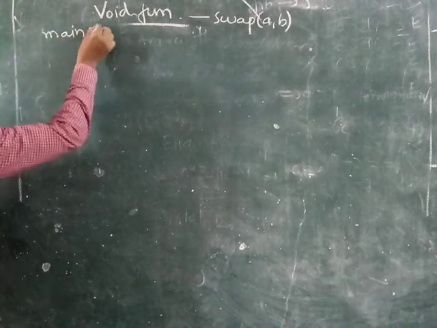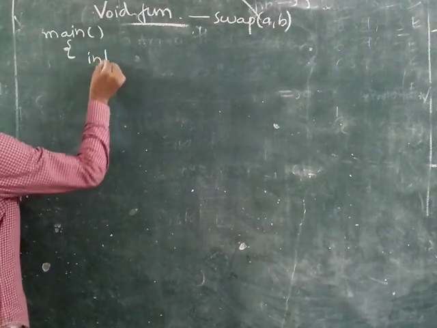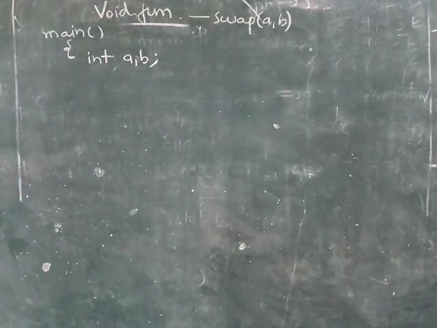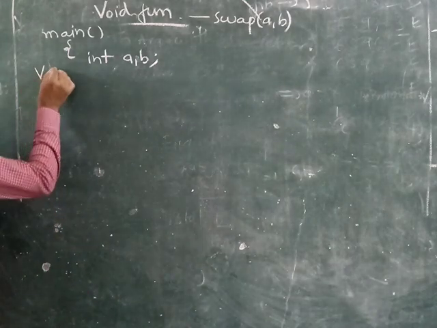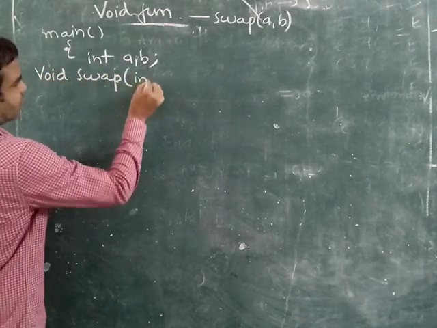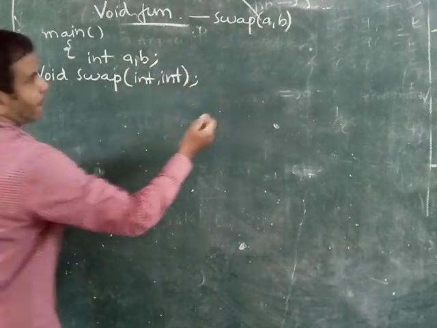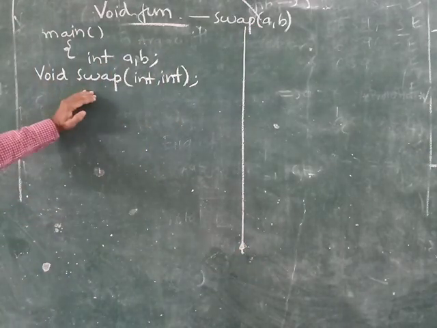main. Integer a comma b, then void swap of integer comma integer. So what is the meaning? This is called a prototype.